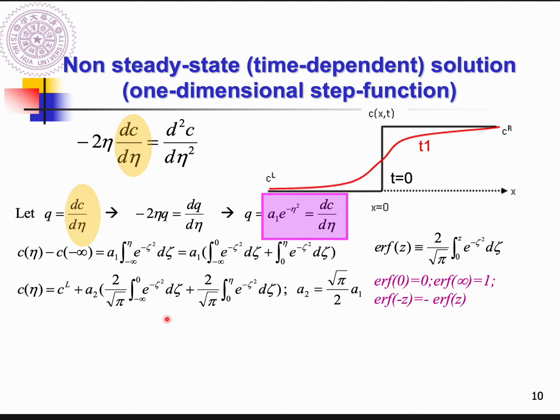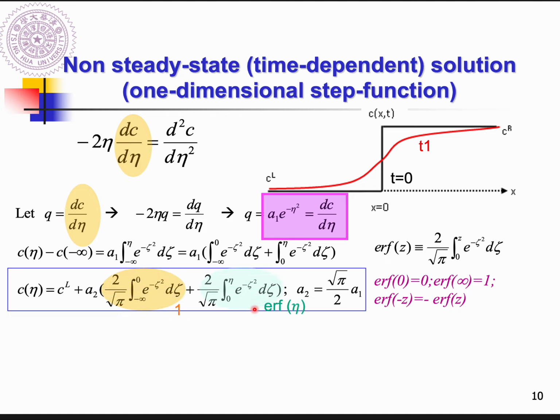So negative 1 times negative 1 becomes 1. And this one is the error function, for sure. So we get the concentration C of iota expressed like this. And now you use the recursion successfully to get the solution C of iota.